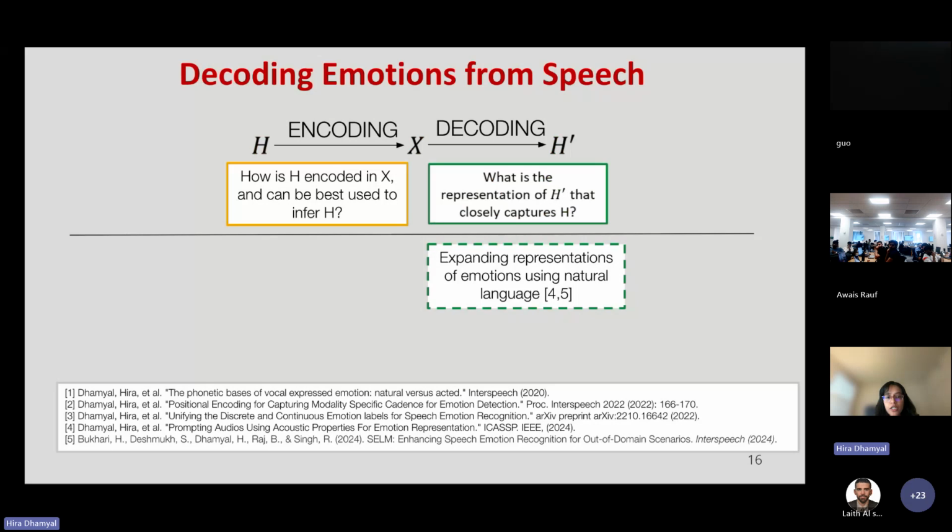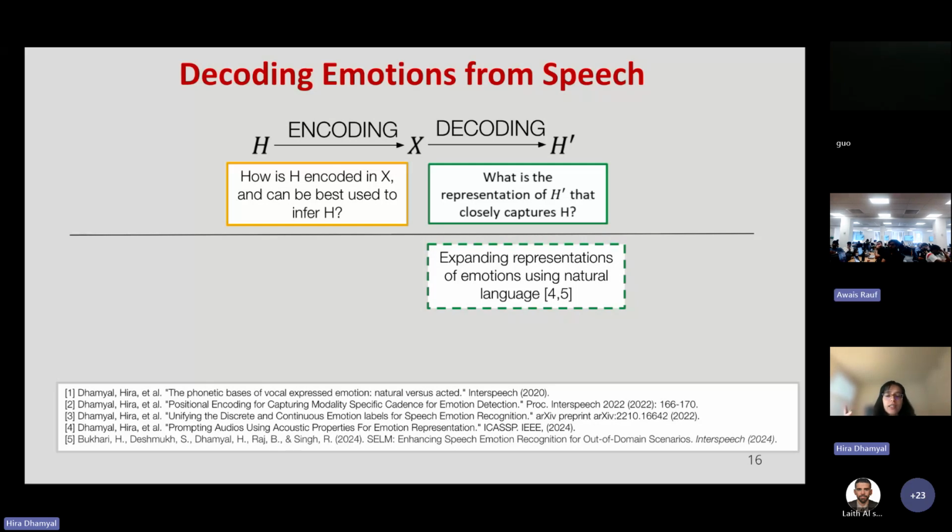So let's focus on decoding emotions. We can talk about both of these aspects, and I have several works under each, but I want to focus here particularly on what is the representation of H prime that closely captures H. So we have emotions in our head that we try to express through our speech, and we have some representation of H, like discrete emotions that I will go into later, like, oh, the person is angry, the person is sad.